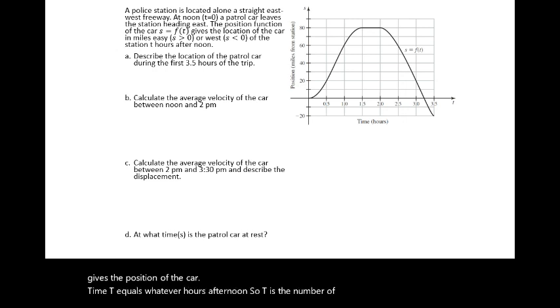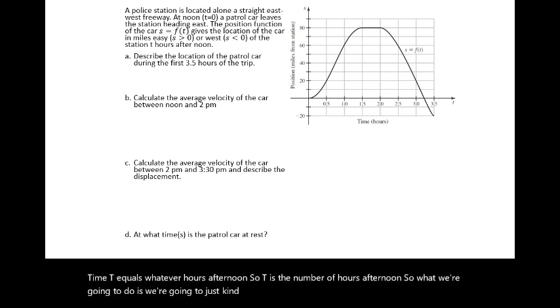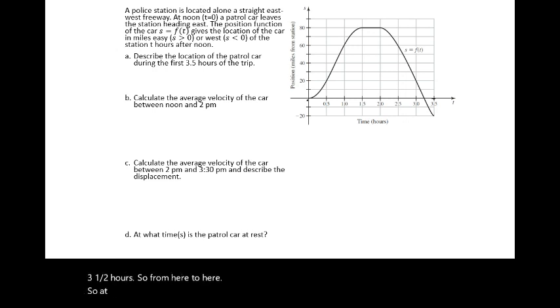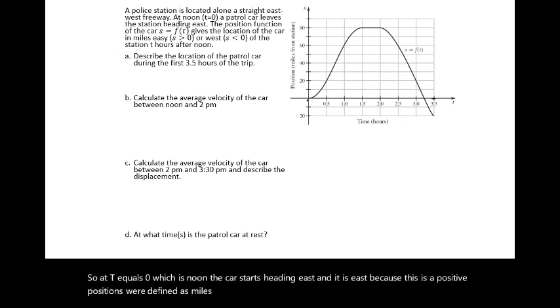What we're going to do is describe the location of the patrol car during this first 3.5 hours, from here to here. At t equals 0, which is noon, the car starts heading east, and it is east because this is a positive position. Positive positions were defined as miles east. That continues until about 1:15. Then from about 1:15 to a little after 2 o'clock, it looks like the patrol car was at rest, demonstrated by this constant here.